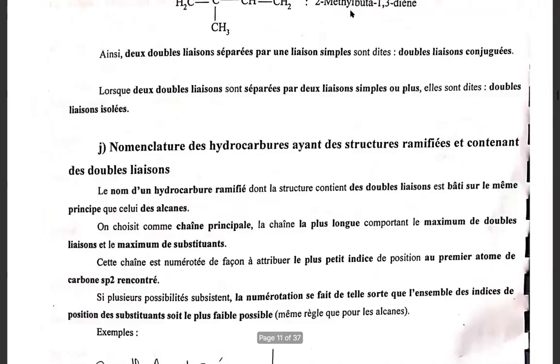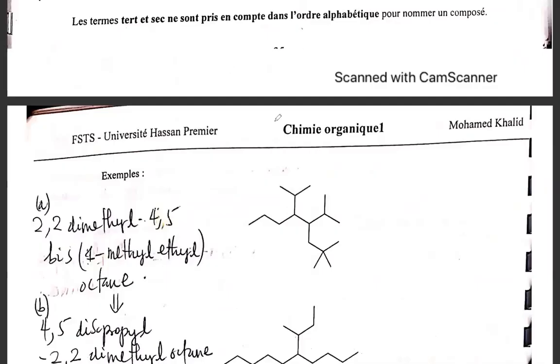This whole structure has one continuous chain, and it also has branches, a lot of branches. Because of this, we call it a ramifié, because it is branched and has different substituents.